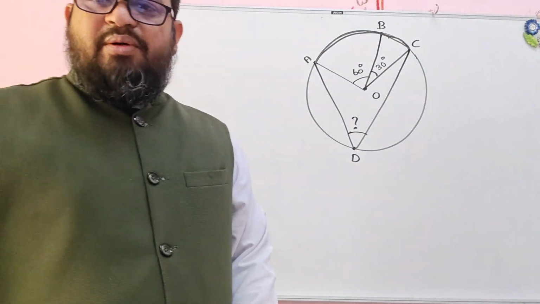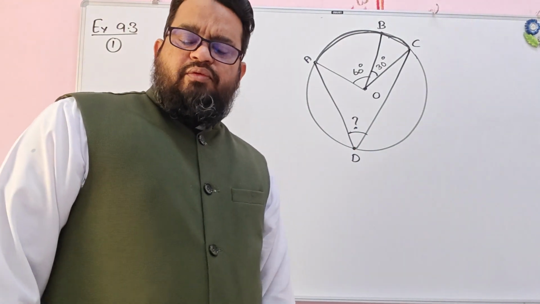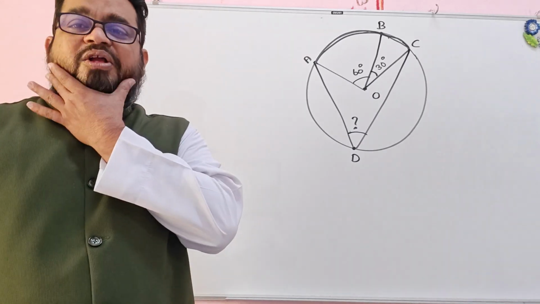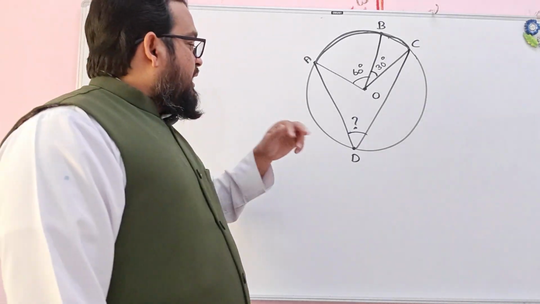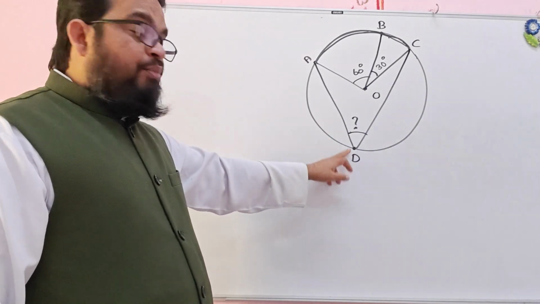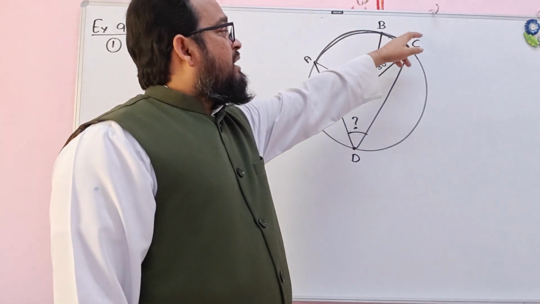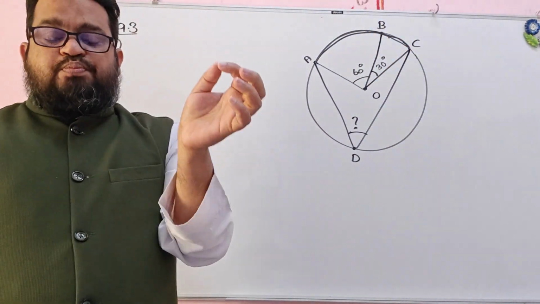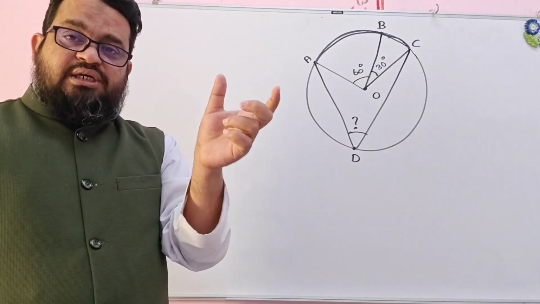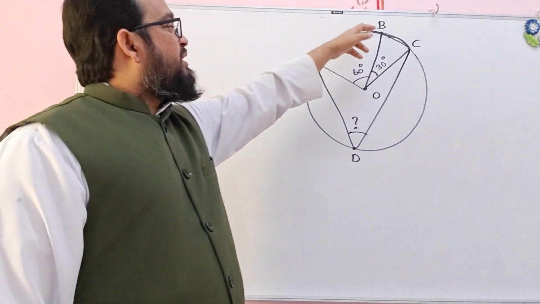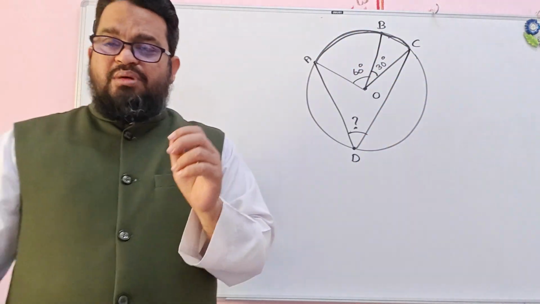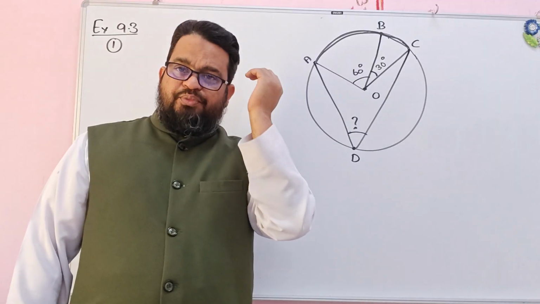So does it look familiar with the theorem which we have studied? He is telling that D is a point other than arc ABC. The words "other than arc ABC" remind me of one theorem. What is the theorem?